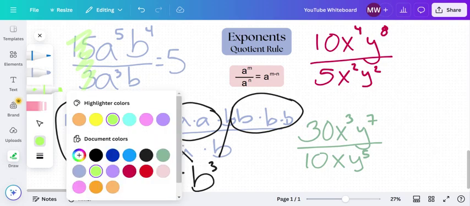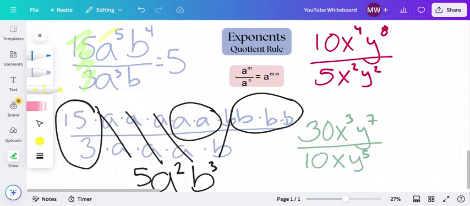Now let's switch over and look at our a's. We've got a to the fifth over a to the third. My quotient rule tells me to subtract my exponents. So 5 minus 3 is 2. So now I've got a to the second.